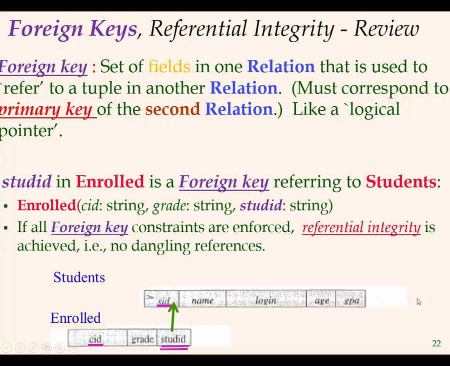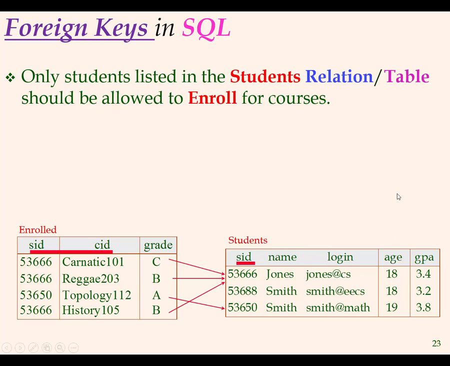So again, some decisions to be made is actually enforcing the referential integrity. For example, can I add a tuple in enrolled that doesn't have a parent? Can I delete a parent while there are children in enroll? So these are some decisions, and I'll show you the 4 options that typical DBMSs will allow you to use.